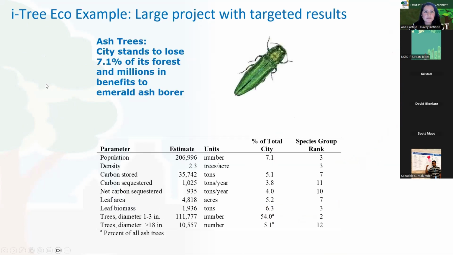And from the same project in Philadelphia, they were also able to break it down by species, such as Jason has showed. So he mentioned the emerald ash borer and the ash trees that are susceptible to this pest. They broke it down again from the same report, and the ash trees account for 7% of their tree population. So that's pretty significant for this community, along with all those benefits.